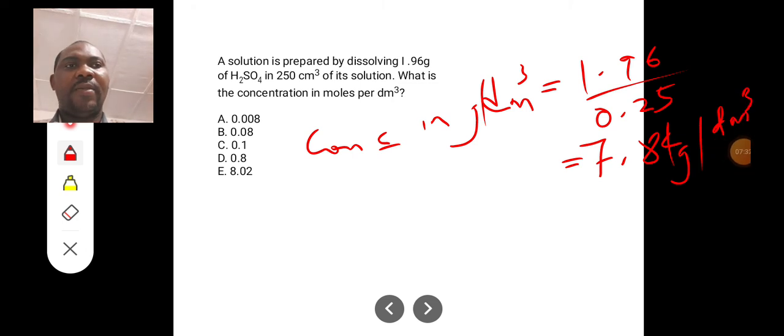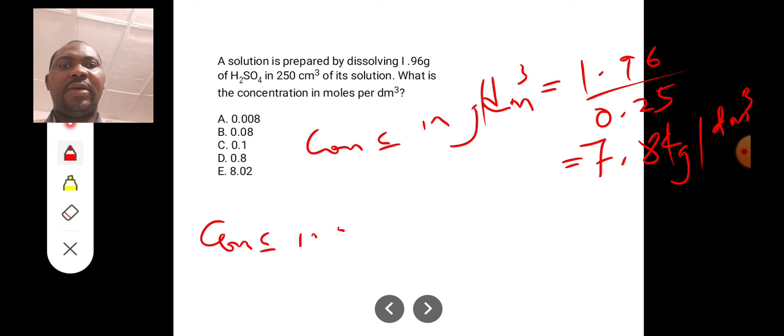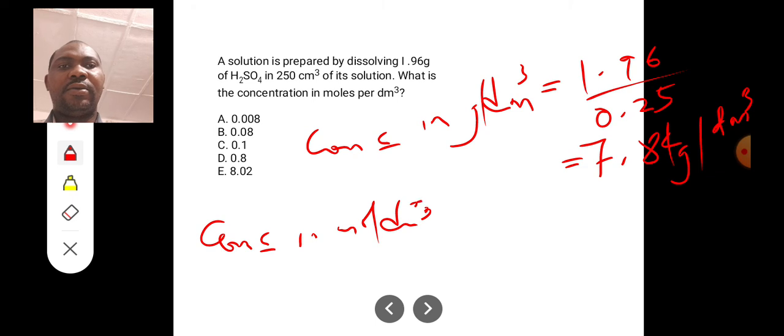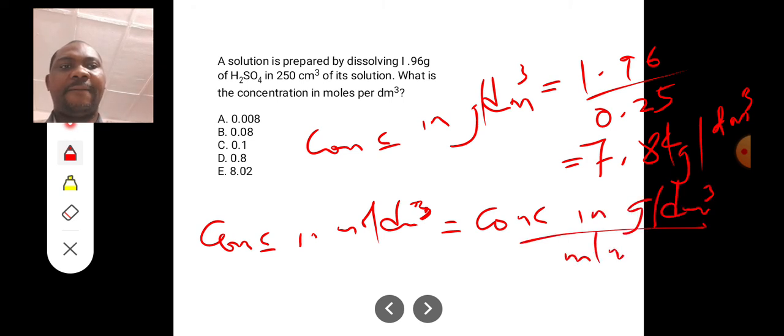Now we can find the concentration in mole per dm³. The concentration in mole per dm³ is equal to concentration in gram per dm³ divided by molar mass.